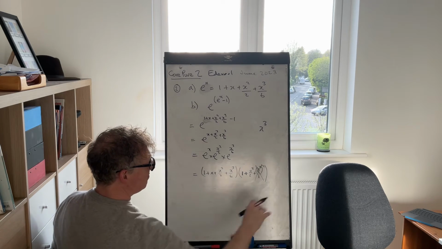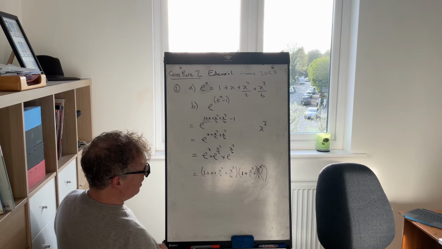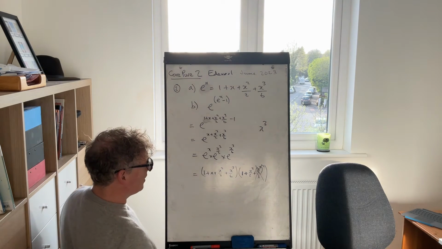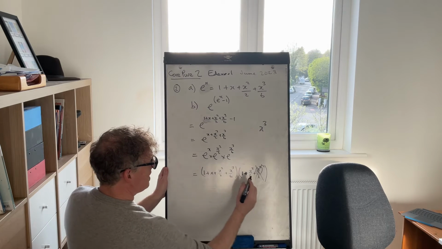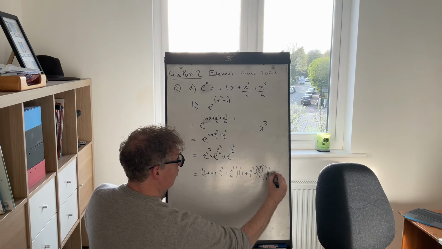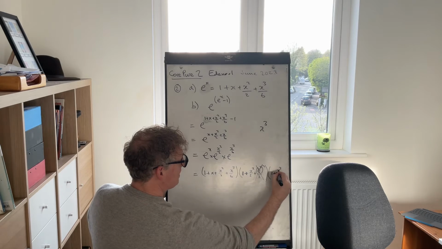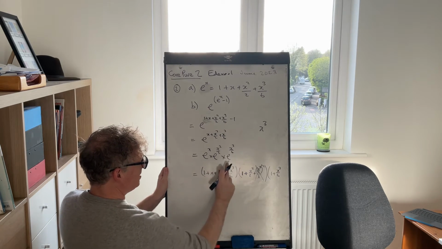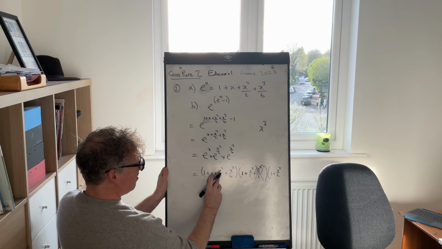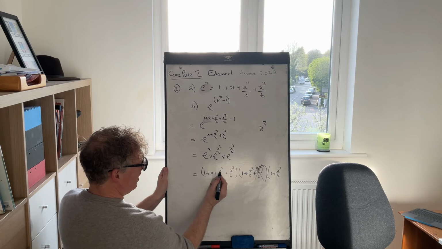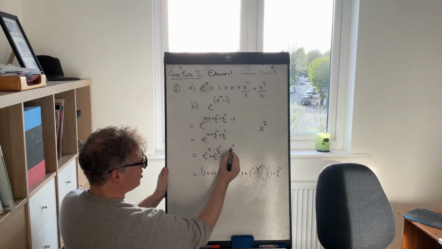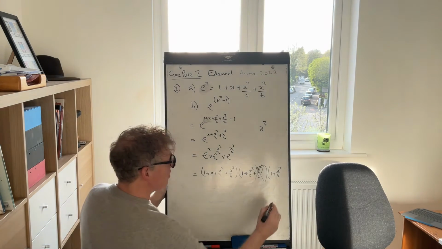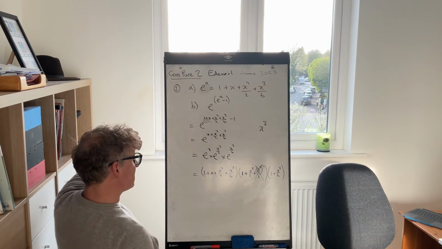Similarly, this one here, we're going to have 1 plus x cubed over 6 instead of just x. So we're replacing the x with x cubed over 6. And there's no need to go any further with that one, because we would have to do x cubed over 6 squared. That's going to give us too big a power.